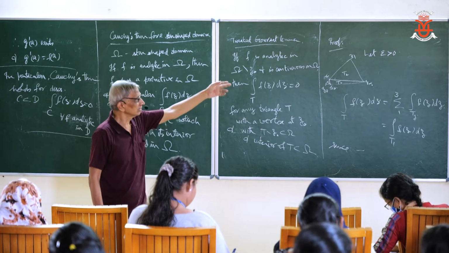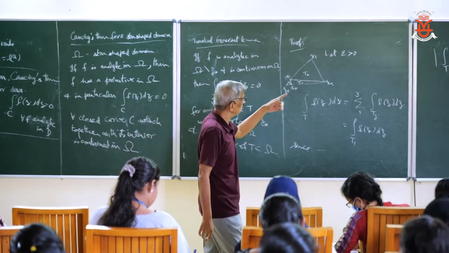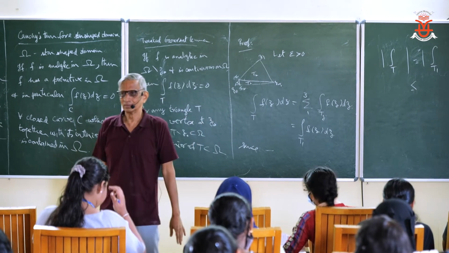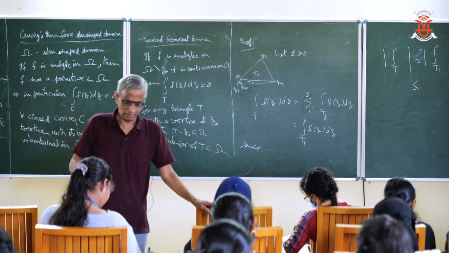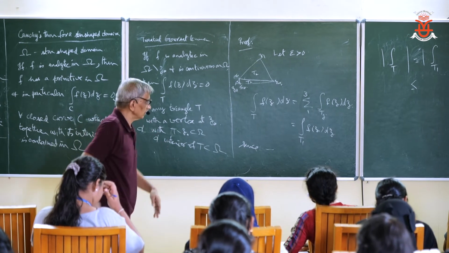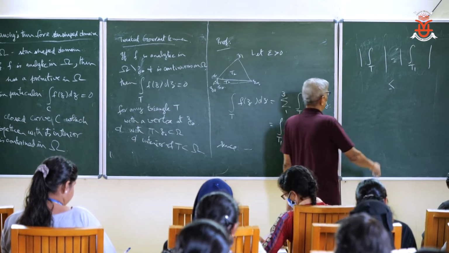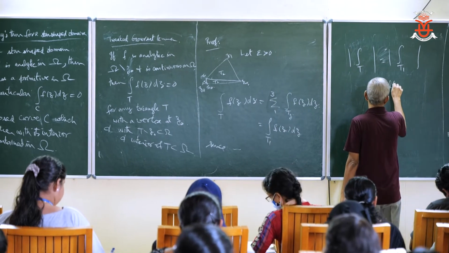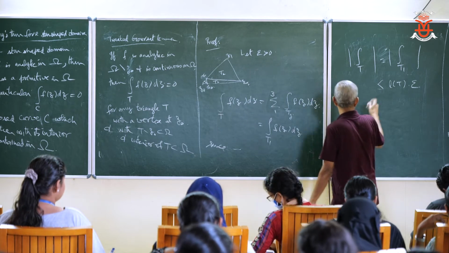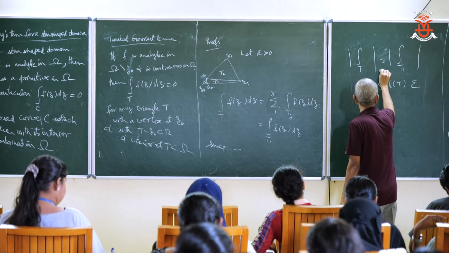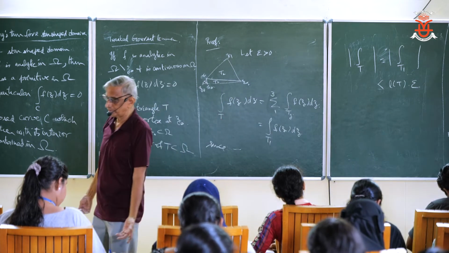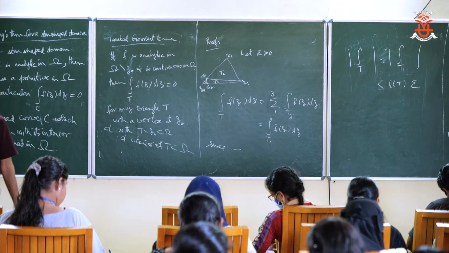The length of T1 you have started with, have you written that? So choose those points so that the length of T1 is less than epsilon. So you get that the whole thing is less than the length of T times epsilon. After, of course, a couple of steps here. So epsilon is arbitrary, and therefore the left hand side is 0.